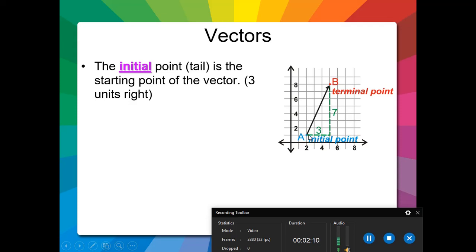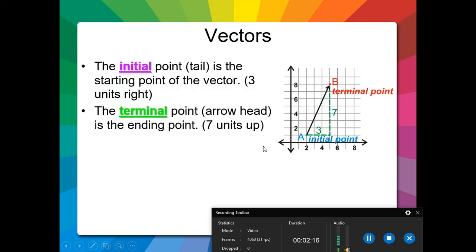So in reality, I'm moving 3 blocks to the right. From there, I know that I have to end up at B, so I'm going to move 7 units up to actually get to that location. Once you get to your final location, we call that the terminal point, and that ends the length of the vector. And we can tell that that's the end because that's where the arrow is pointing.